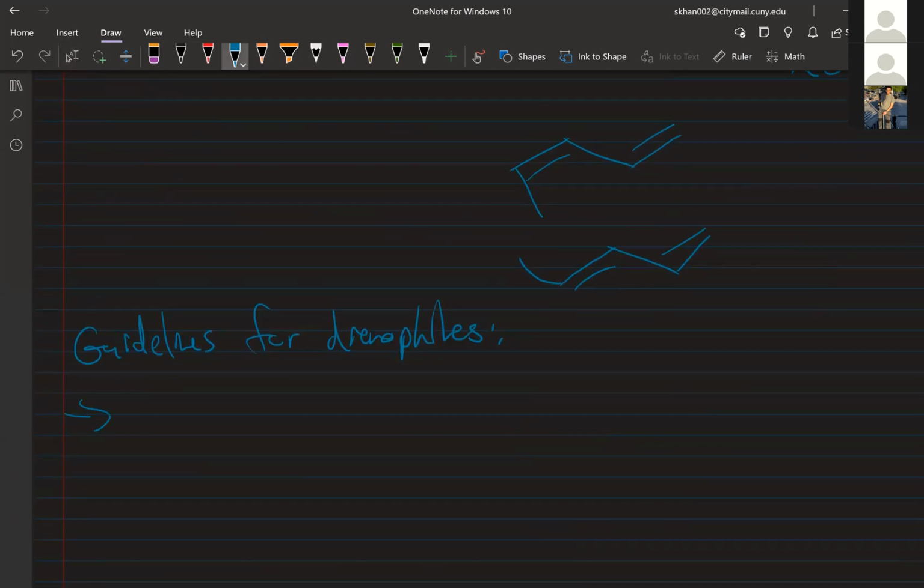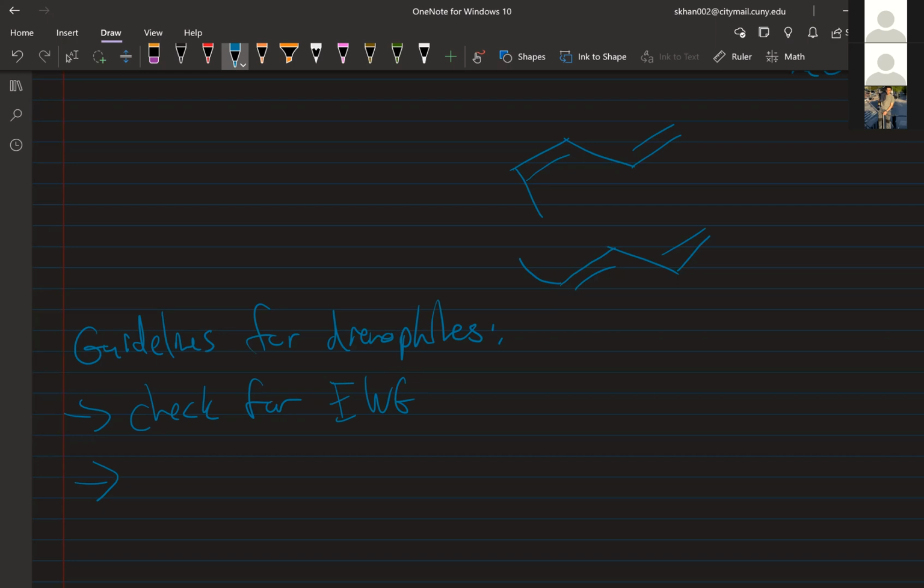Honestly, just check for EWGs. That's usually what it's going to be. I guess you could also check for electron donating groups.